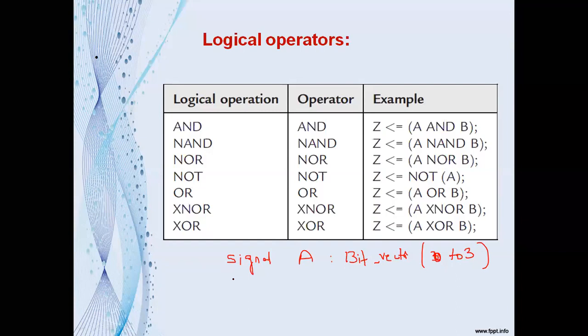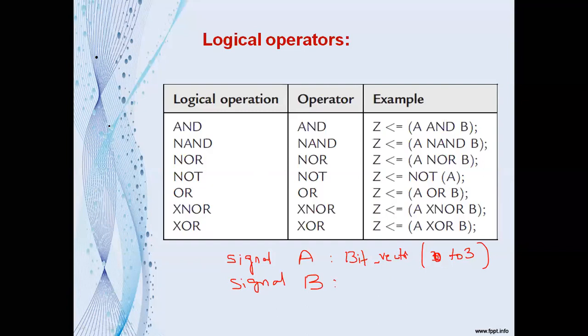And similarly, take another signal. Let the signal be B. B is a signal. So don't get confused here. I am using the word signal even if it is a variable, in a generalized way. But in objects, we have a clear distinction between signal, variable, constant, and file.